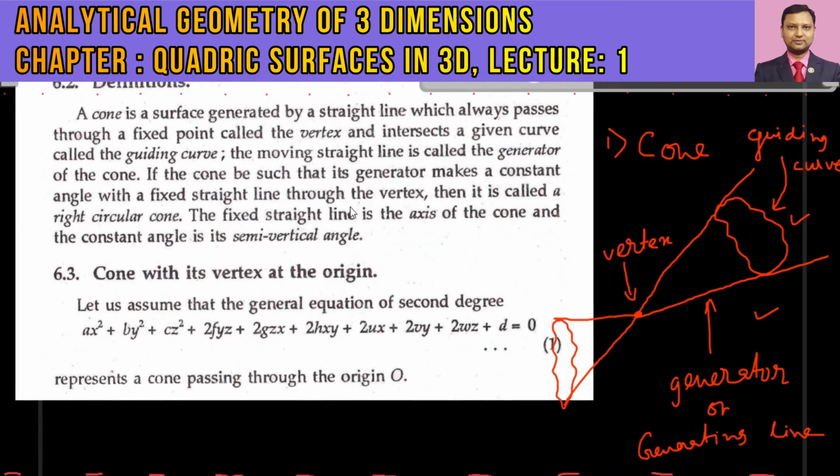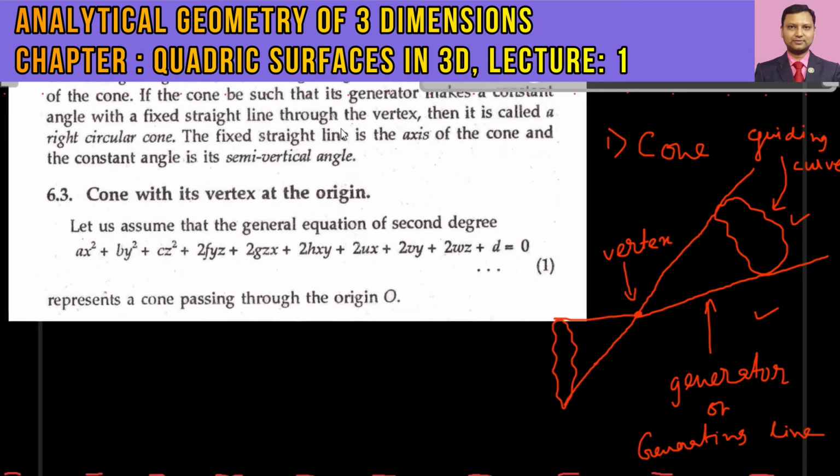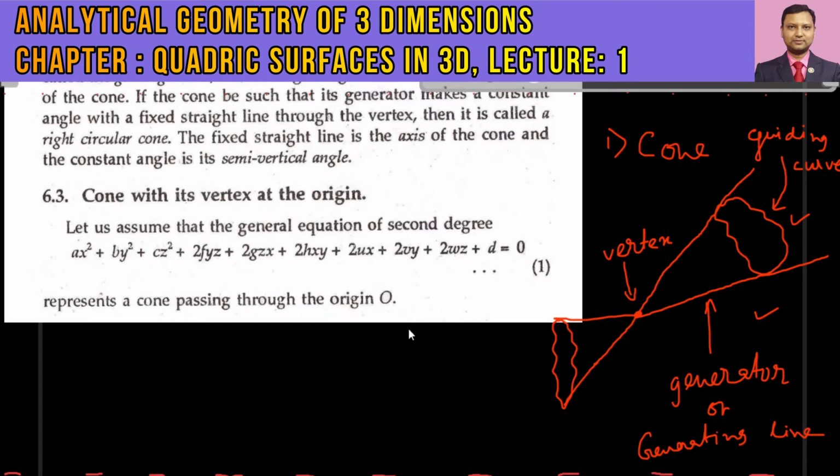Over here we are going to show at first that this type of general equation of second degree will always represent a cone, provided u, v, w and d are all equal to 0. How to show this result?